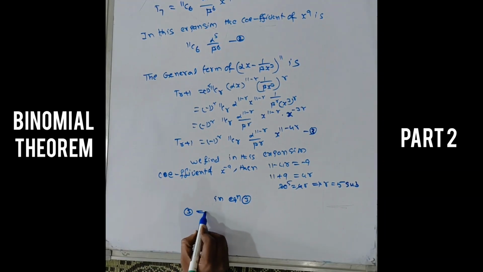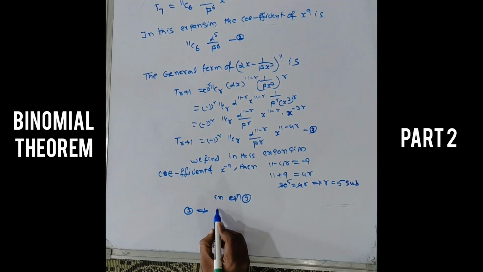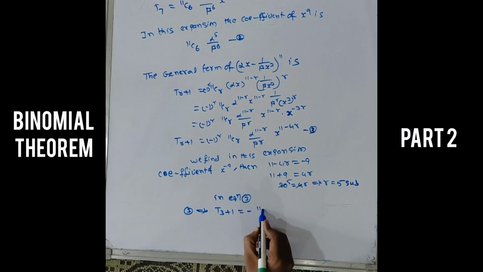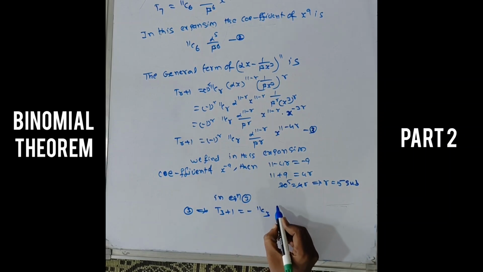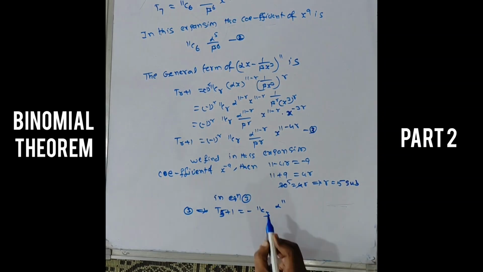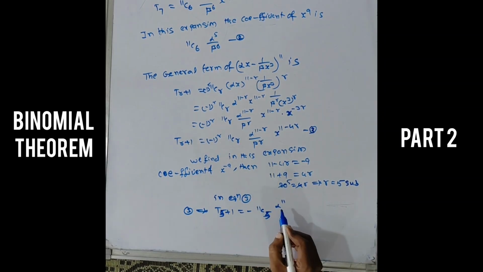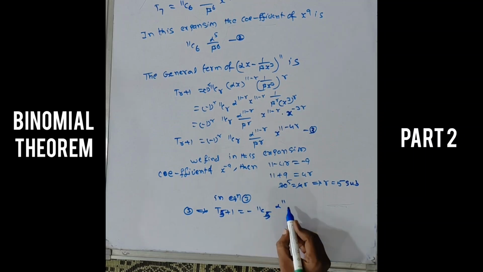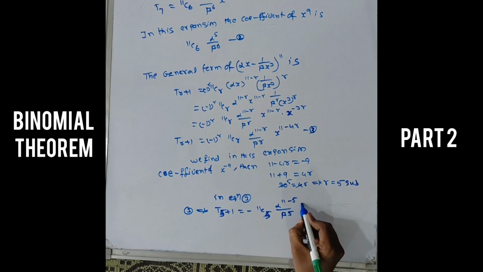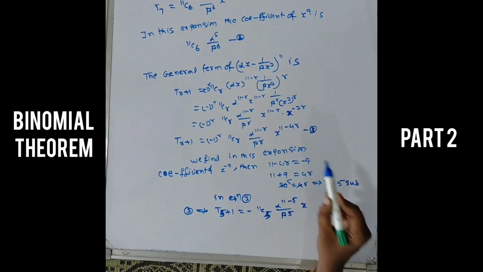That implies T(5 plus 1) is minus 1 power 5, which is minus 11C5 alpha power 11 minus 5 by beta power 5 into x power 11 minus 20.